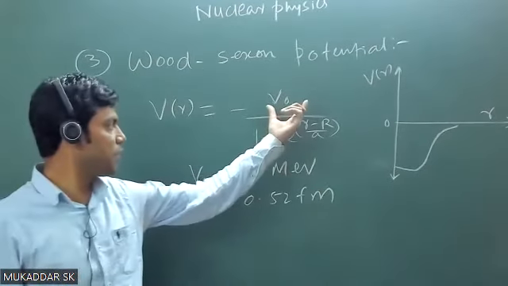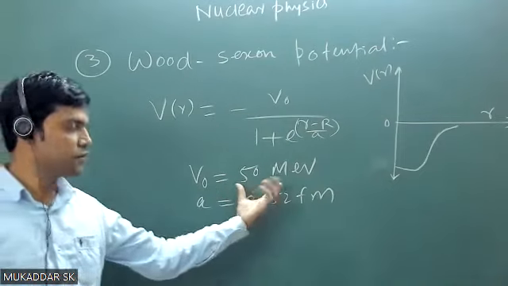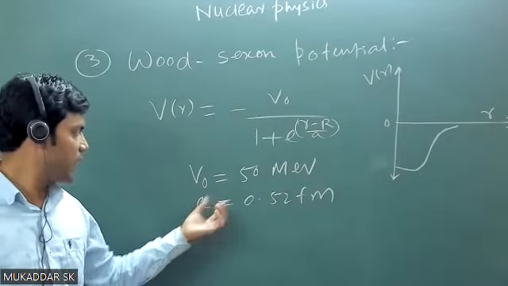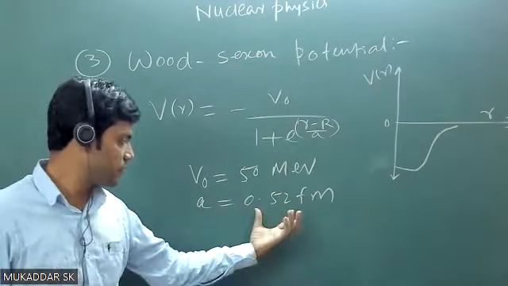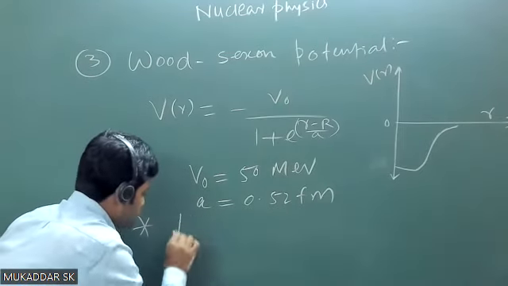They have taken V naught as 50 MeV and a as 0.52 femtometer, and they have solved the Schrodinger wave equation again. So when they are solving it, they are predicting the magic numbers like this.